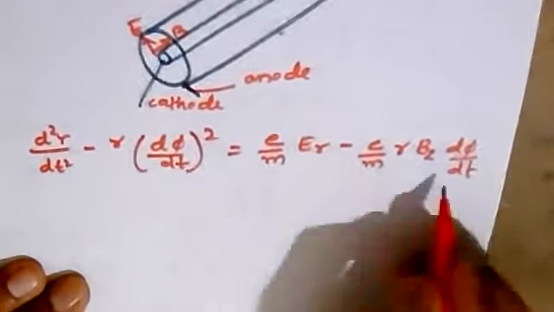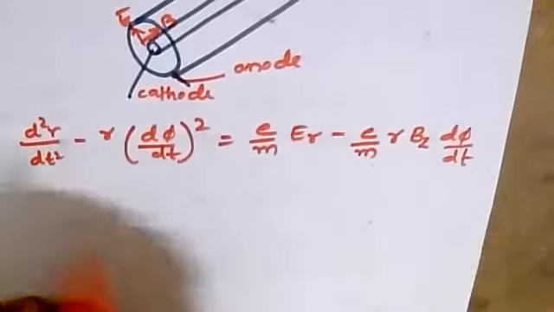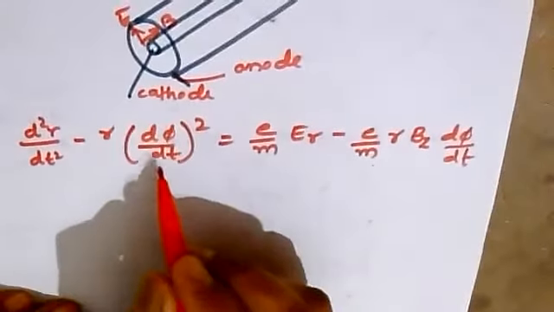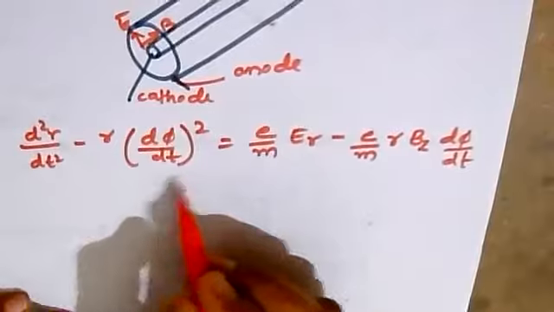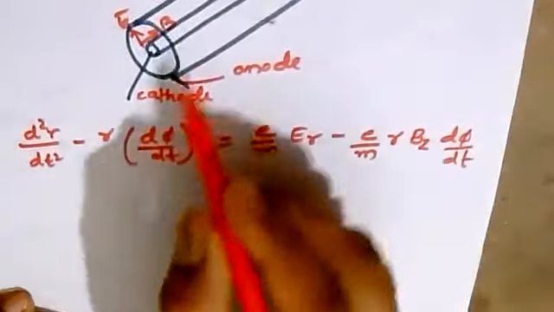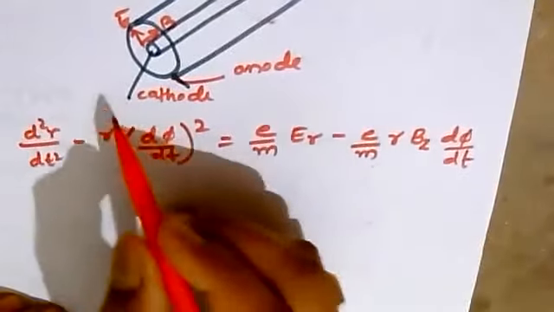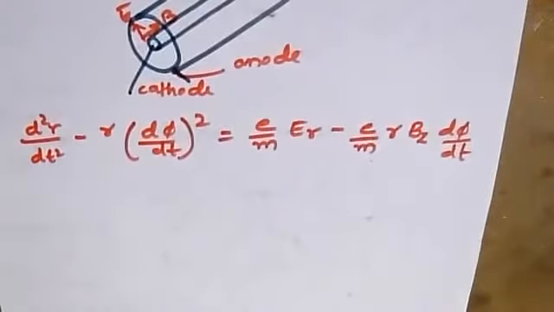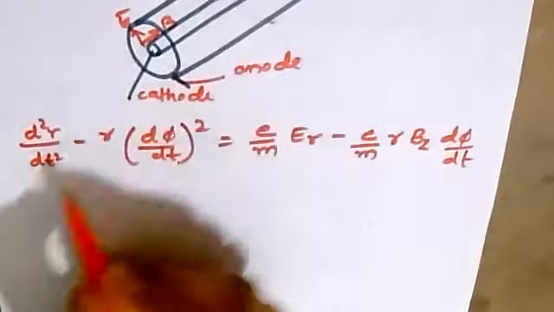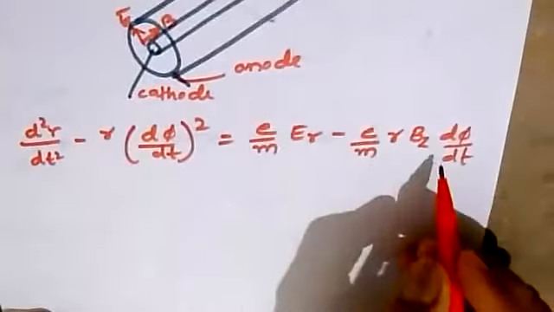We need to remember this particular expression, since it is taken from the motion of electrons considered in a cylindrical structure, and we use it to derive the amplification process.